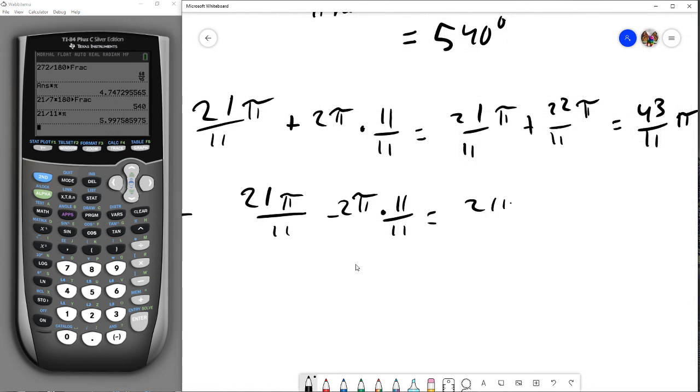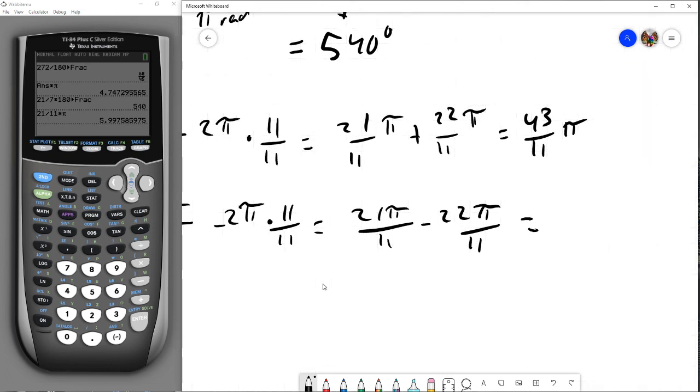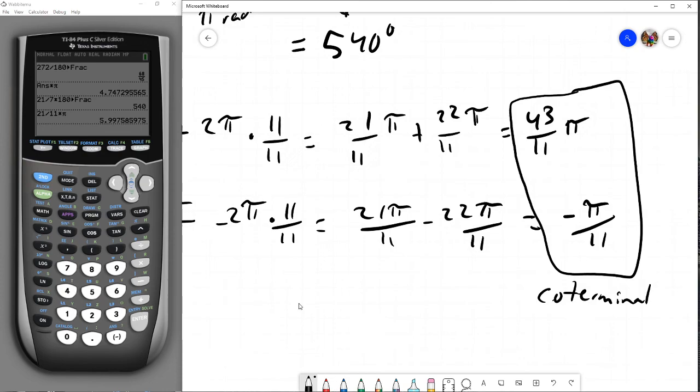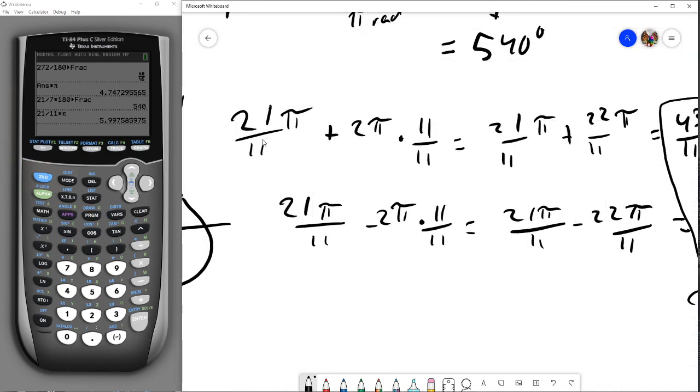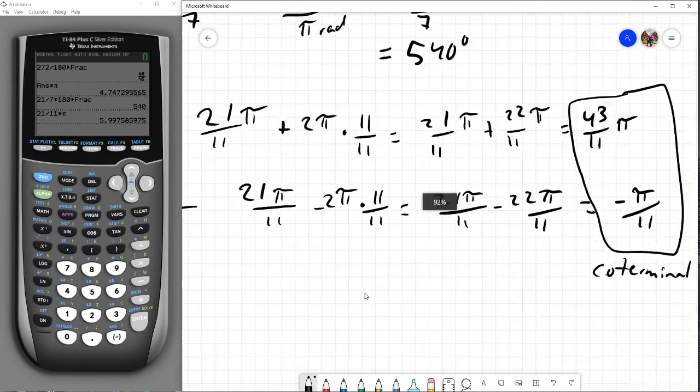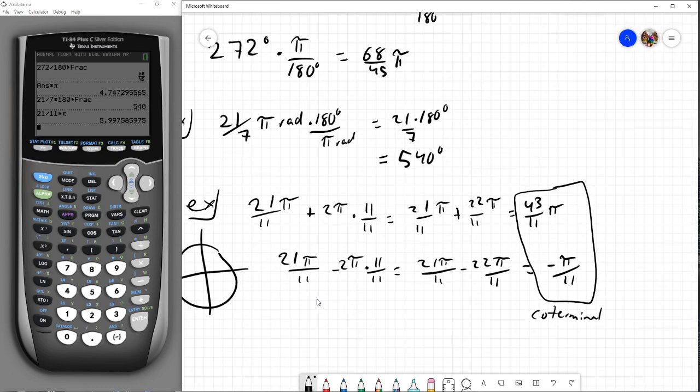So we have 21 pi over 11 minus 22 pi over 11, giving us negative pi over 11. So 43 pi over 11 and negative pi over 11, these are both coterminal with our original angle of 21 pi over 11. Alright, with that, we're going to call it a day.